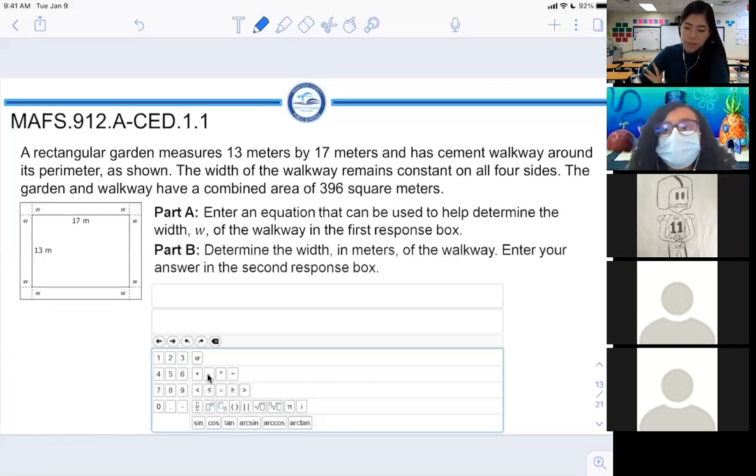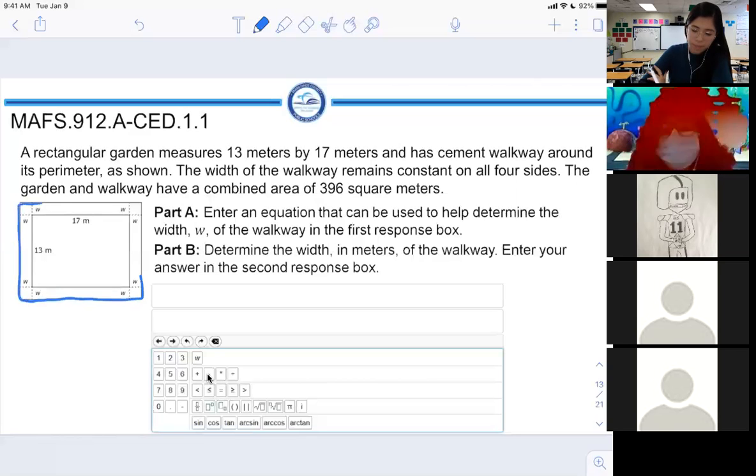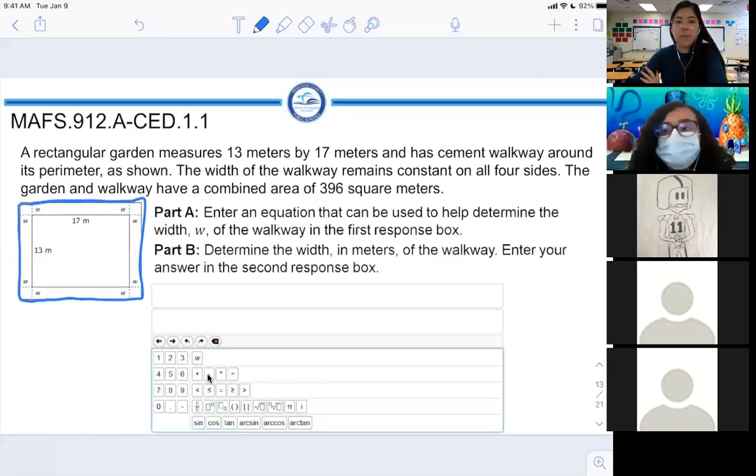Awesome. Okay. So they're asking for the area of this whole thing. Now, area, who can remind me, what is area? How do I figure it out? Length times width. Good.